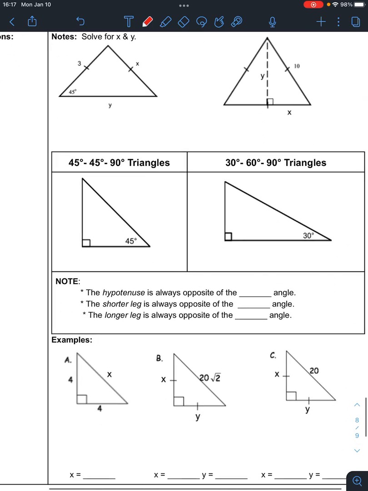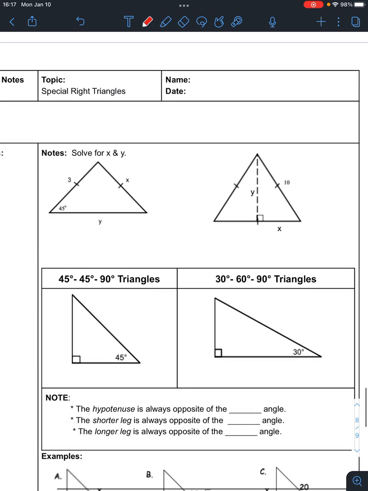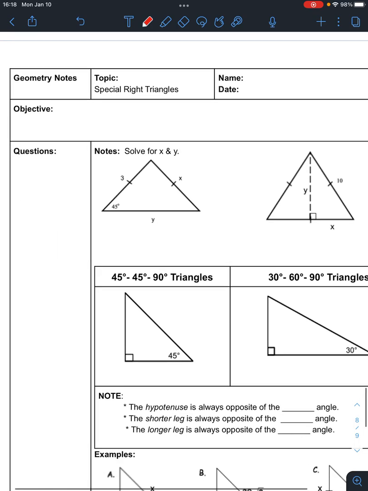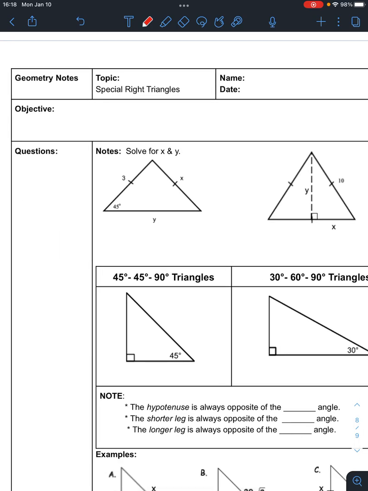Now, having said that, we're going to talk about 30-60-90 triangles and 45-45-90 triangles. They're called special right triangles, and they're special for a reason. We have been talking about proportions, and proportions was when I had two triangles that had the same scale factor. If you remember, we talked about, because of AA, that if you have two angles of one triangle congruent to two angles of another triangle, then those two triangles are similar.